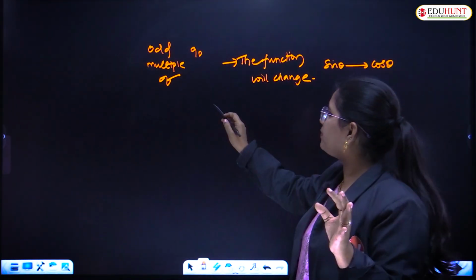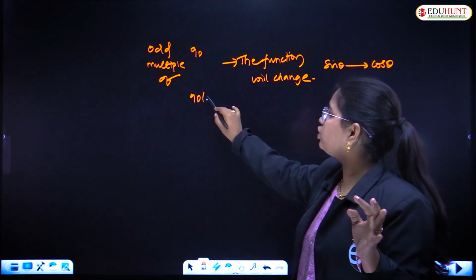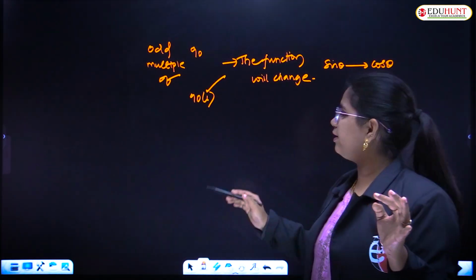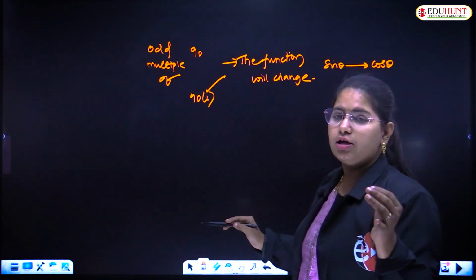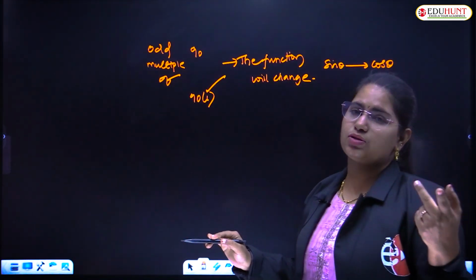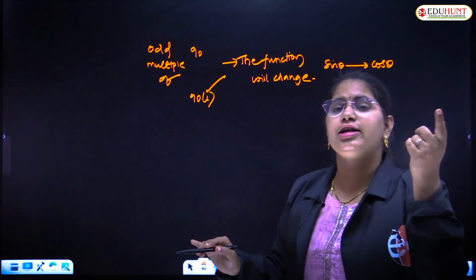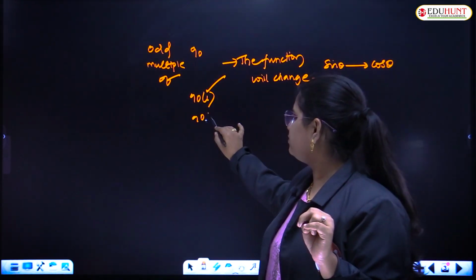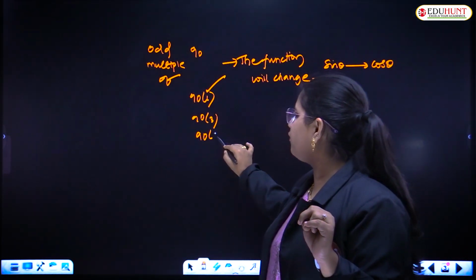What is an odd multiple? For example, 90 into 1 is an odd integral multiple, because 1 is an odd number, right? Next odd multiple is 270. 90 into 2 is 180, and 2 is an even multiple. 90 into 3, 90 into 5.